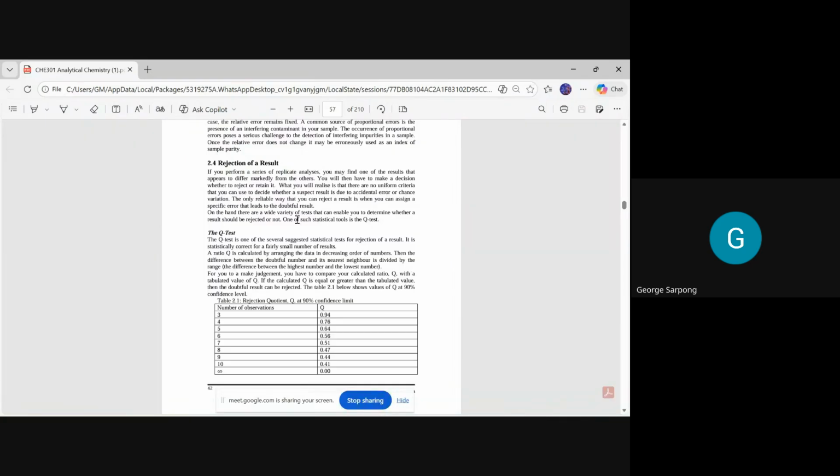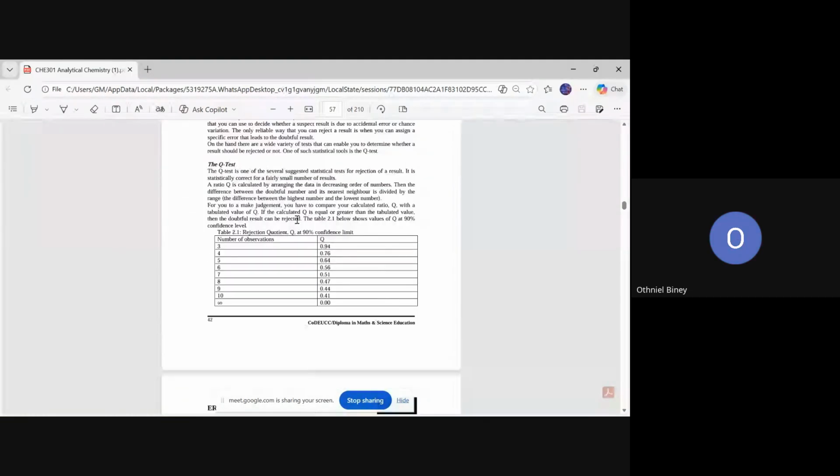For you to make judgment, you have to compare your calculated ratio Q with a tabulated value of Q. If the calculated Q is equal or greater than the tabulated value, then the doubtful result can be rejected. Table 2.1 below shows values of Q at 90% confidence level.